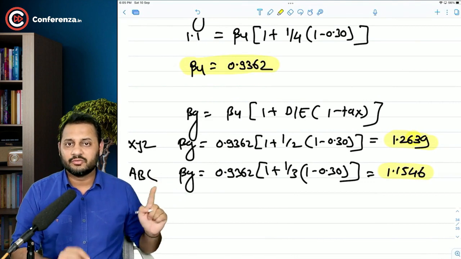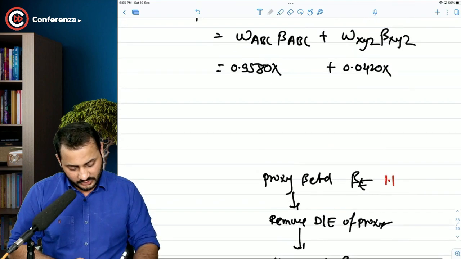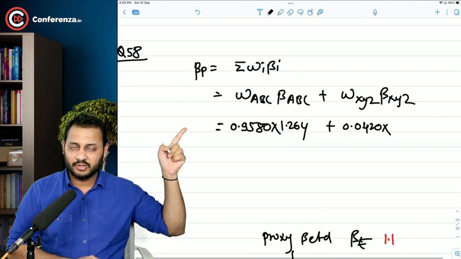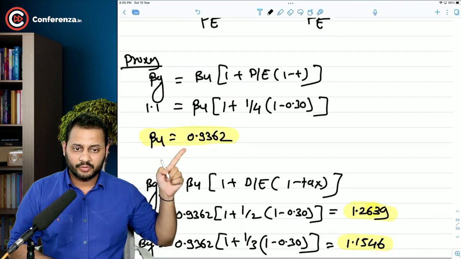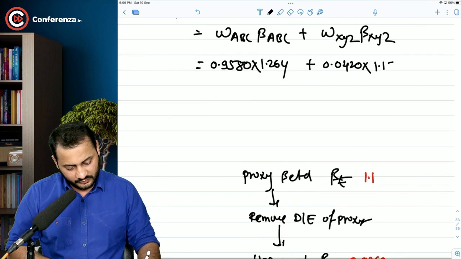Now these two figures will be used in the main formula of portfolio beta. Let's have a look. 1.264 in this main formula of portfolio beta, and 1.155.